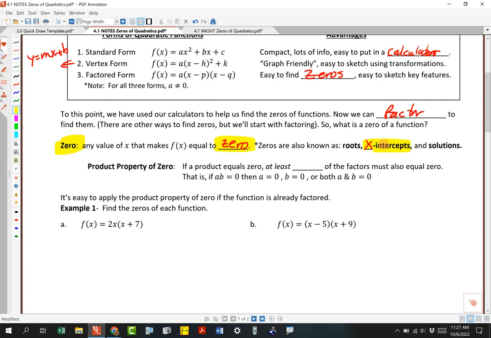It's because the x-intercept is when y equals 0. When the function value equals 0. That's basically what we're asking. So all of these are talking about the same thing. If somebody says zero, root, x-intercept, or solution, they're talking about the same thing.